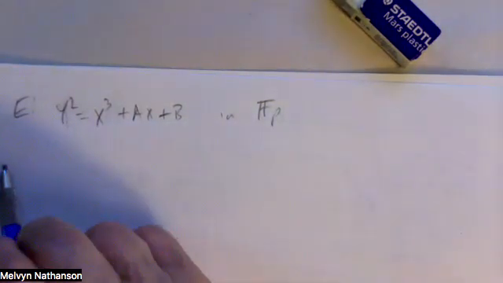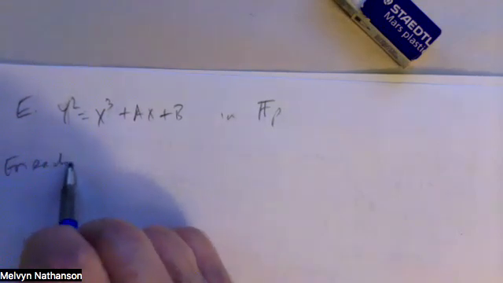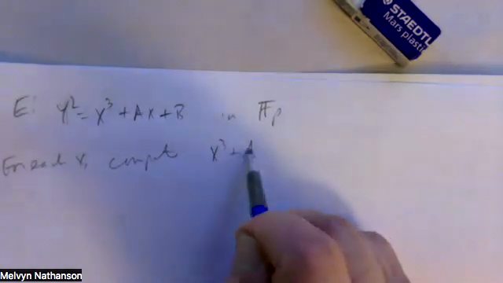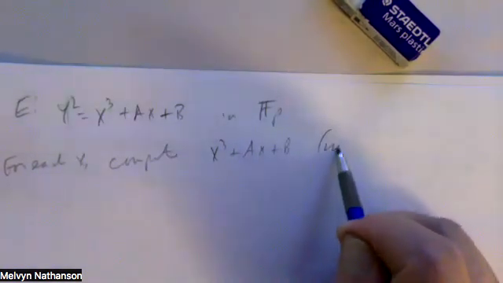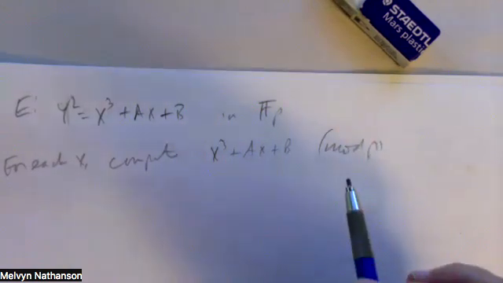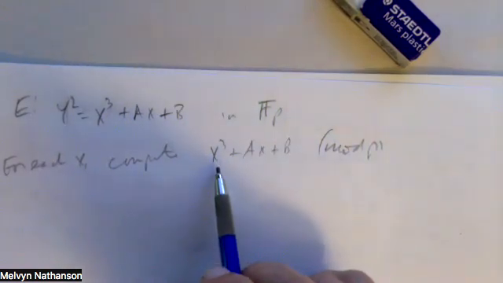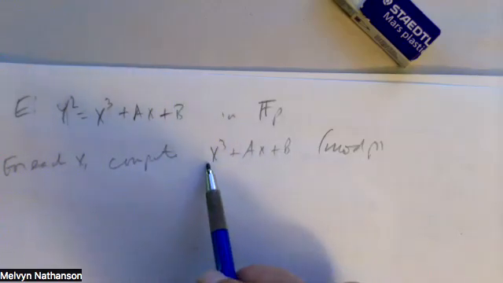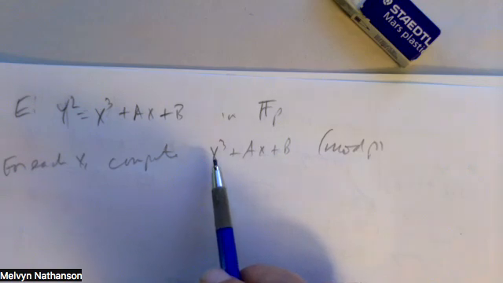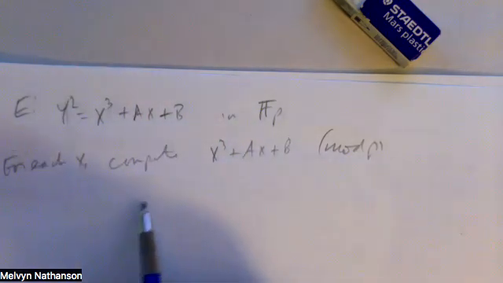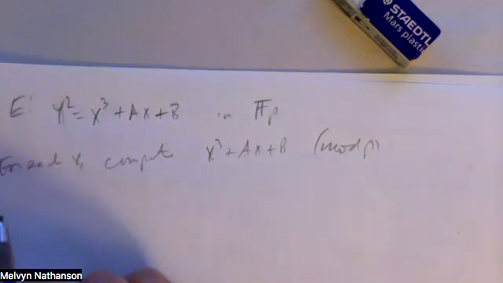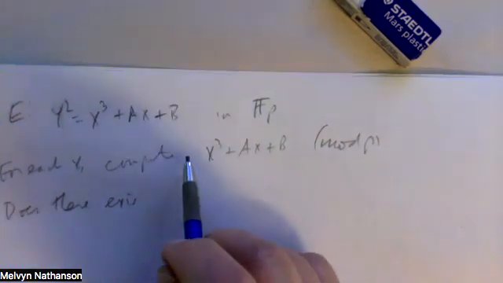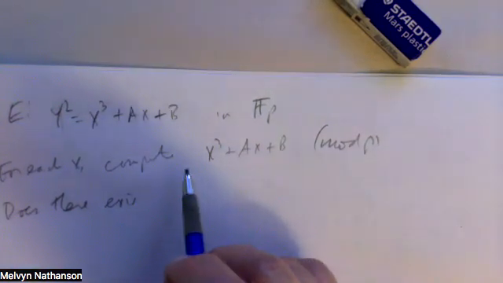So for each x, compute x cubed plus ax plus b, and we're doing everything mod p. So this is some number. And for the reals, whatever number it was, you want that to be y squared, so y would be the square root of that. So the question is, let's call this for the moment y.